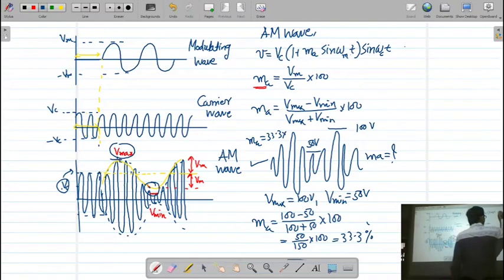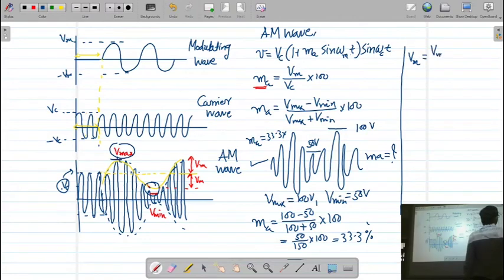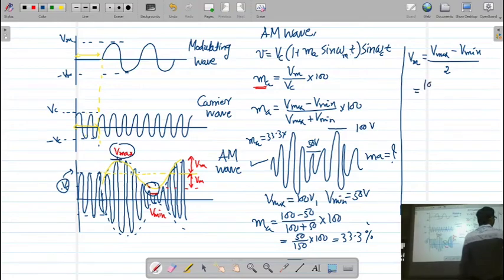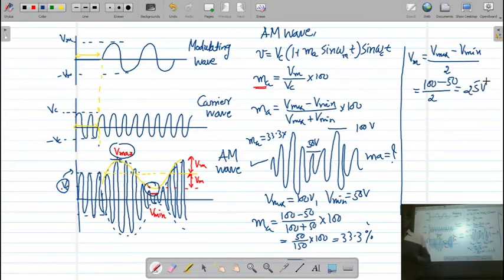So if I want to find out Vm, how have we calculated Vm? It is V maximum minus V minimum divided by 2. Remember. So here it will be 100 minus 50 divided by 2. So 50 divided by 2, the amplitude of your modulating signal is 25 volt.